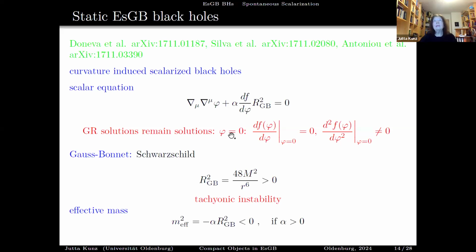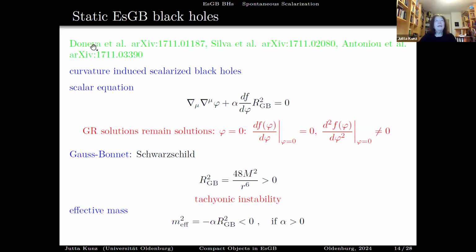So now, in that case, we certainly have the Schwarzschild solution and the Kerr solution as solutions of the field equations. However, we can get additional scalarized solutions. And how come? The mechanism is analogous to what was found decades ago for neutron stars by Damour and Esposito-Farèse.